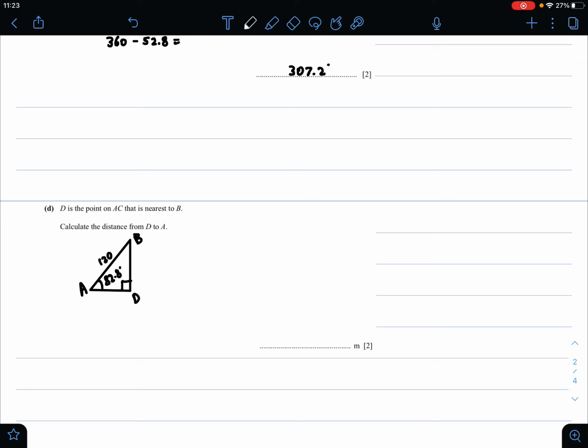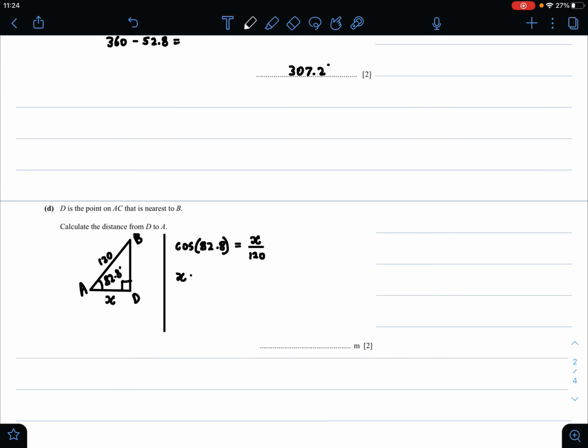Now it is way easier to solve such a question. So they are asking us to calculate the distance from D to A. So that would be this distance. So we can simply use the trigonometric functions to find our final answer for part D. So we can use the cos rule. So therefore we can write cos of 82.8 is equal to the adjacent side divided by the hypotenuse. So x divided by 120.